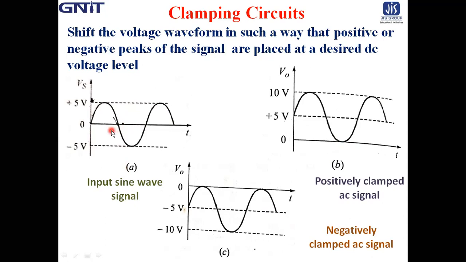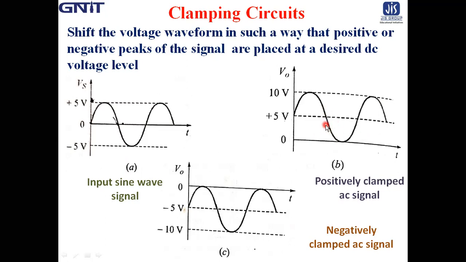Now the clamper introduces a DC level of plus 5 volt. Plus 5 volt shifts the signal upwards so that the negative peak falls on the 0 voltage axis.